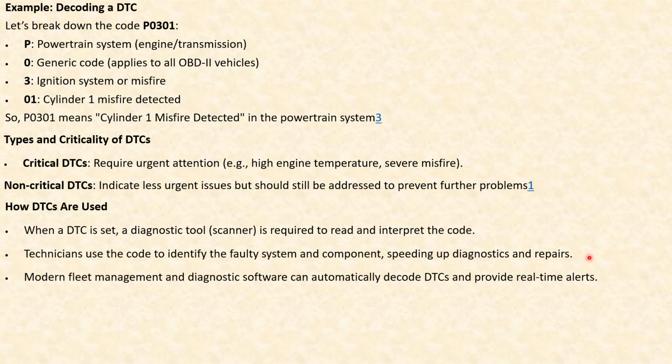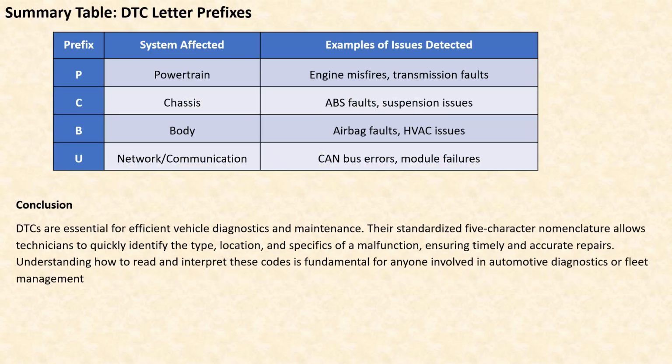This is the purpose of the diagnostic code, and that's exactly why technicians use it. Modern fleet management and diagnostic software can automatically decode DTCs and provide real-time alerts. Software has evolved to such an extent that DTCs are automatically decoded and the message is directly given to the technician.